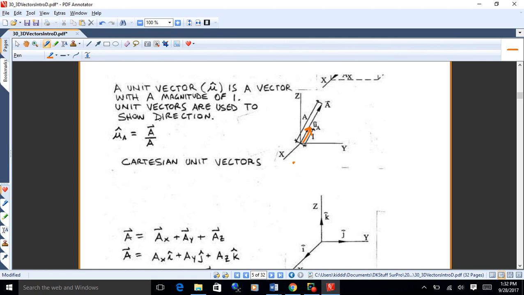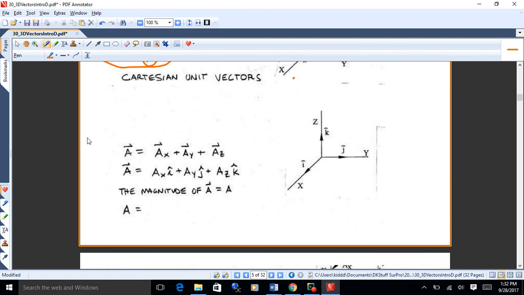The way you create a unit vector is you take the vector A and you divide it by its own magnitude. That way you'll have a vector of length 1, because I've taken a vector with a magnitude of A and I've divided it by A. So that magnitude will be 1, but it will point in the direction of vector A. I think of it as like a direction pointer. Okay.